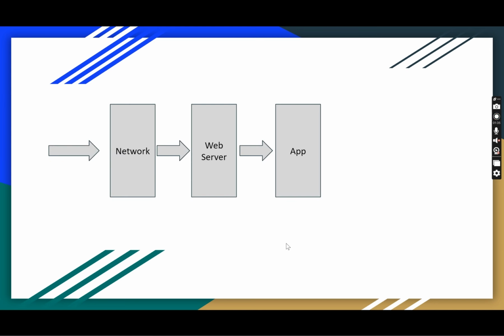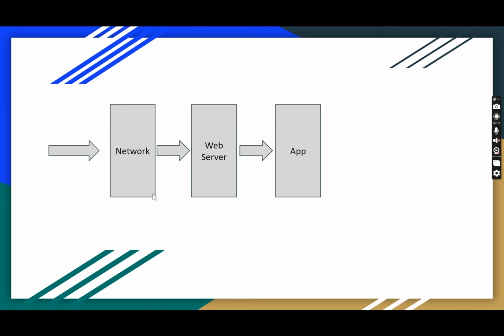Let me explain the various layers that are present in a web application. Usually the application's external endpoint will be front faced through something called a web server. In production scenarios, it will be either through a load balancer or some specific mechanism. But in simple terms, there will be a network layer, behind that a web server, and behind that our application.